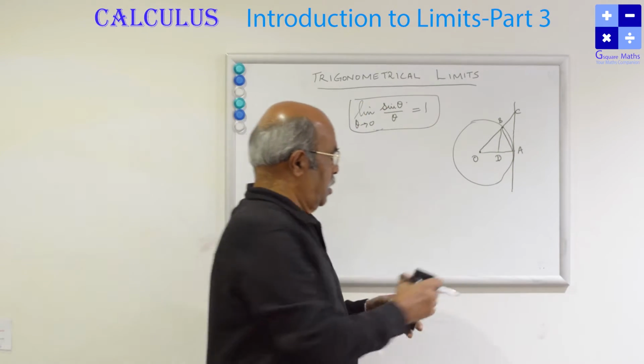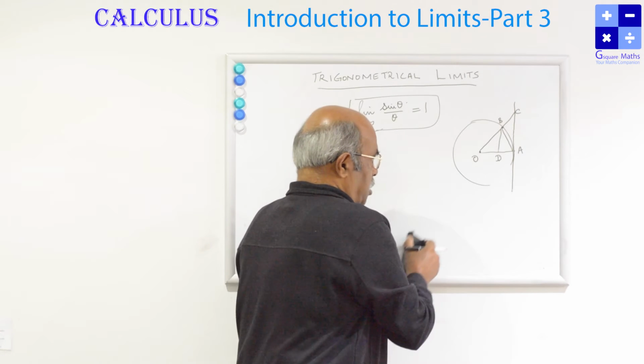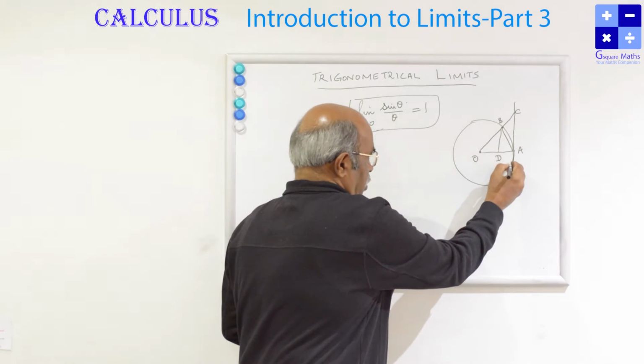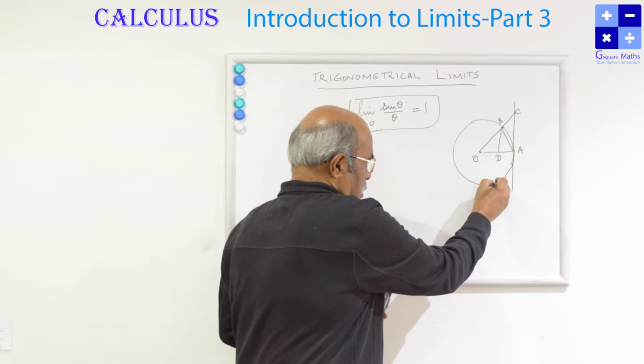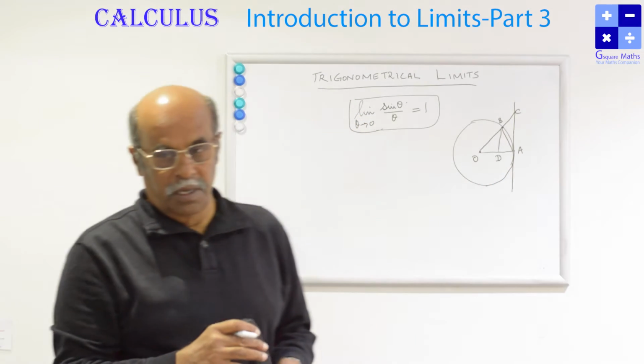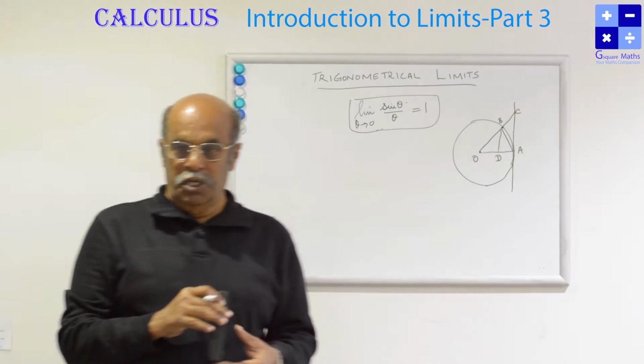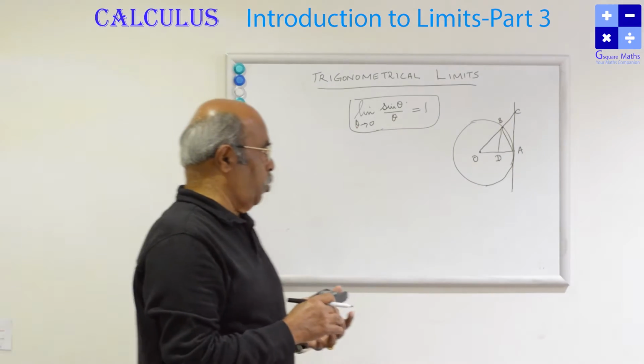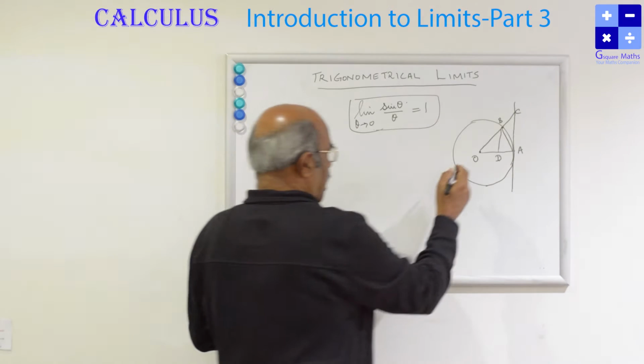We are going to prove this. It's a very, very important theorem, one of the most important theorems we use when considering limits: the limit as theta tends to 0 of sine theta by theta is 1. So this angle is theta radians.